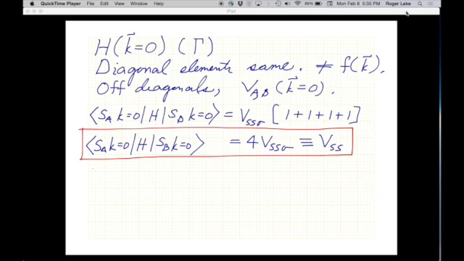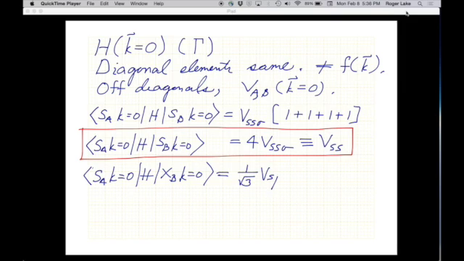Well, let's look at <S_A, k=0| H |P_x,B, k=0>. And that was equal to 1 over root 3 V_sp sigma times the sum of the phase factors, but 2 had a positive sign, 2 had a negative sign.